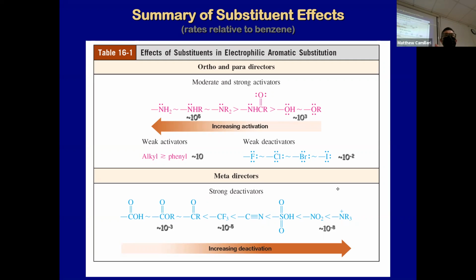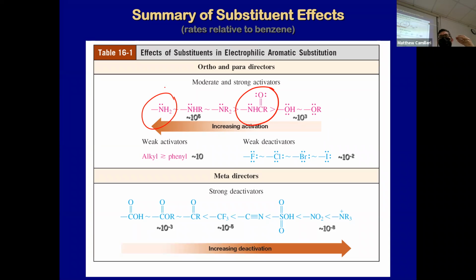Substitutions on the nitrogen group decrease the reactivity. Amide is less reactive than the amine, because there you might have some resonance forms in the amide itself. The lone pair might not be fully available to interact with the benzene ring. It might interact with the carbonyl. So please know these things.